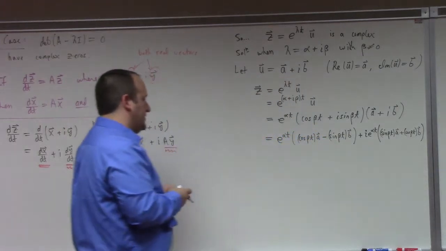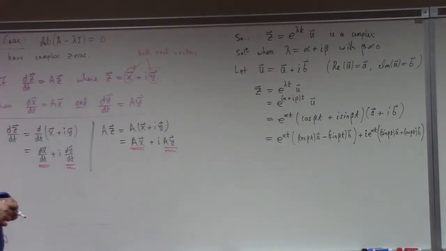So all I'm doing, guys, is just grouping together all the pieces without i and all the pieces with i, separating them into the real and imaginary part. I'm also using that i times i is minus 1. That's where that minus comes from in front of the sine. Es bueno.